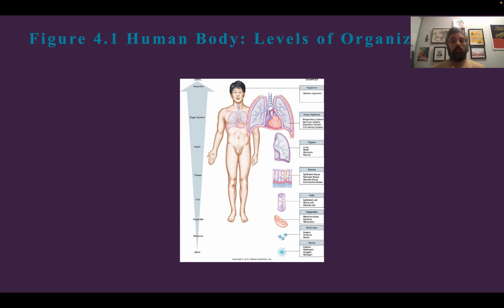But most of medical terminology, all of anatomy and physiology, is generally going to live somewhere between the molecule and the organism side of things. Most of it is going to be within this general portion, so the cells to tissues to organs. Some organ system, but not necessarily.